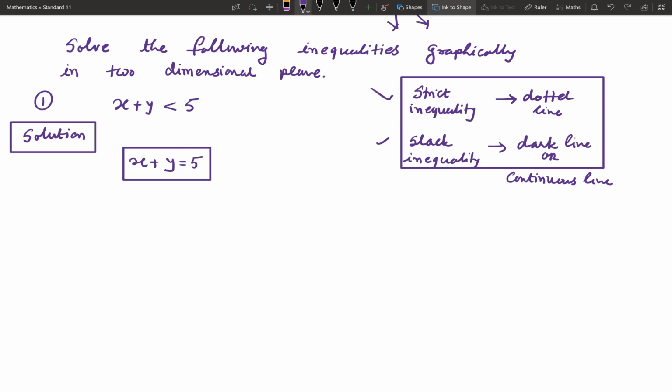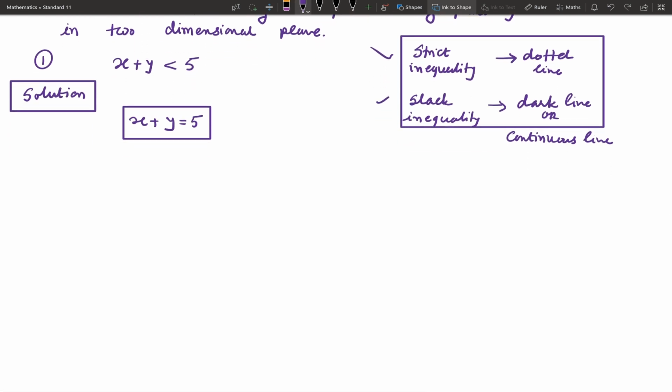You can observe this is a linear equation in two variables, so it will represent a straight line. For simplicity, as we have discussed, we will take two points on the axes. We take y coordinate 0. If you put y equal to 0 in the equation, you will get x equal to 5. So this is (5, 0). For another point, we take a point on the axis.